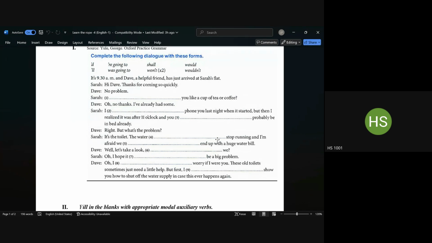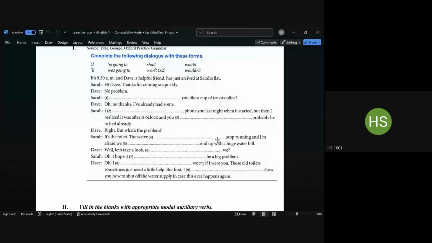I am afraid we are going to end up with a huge water bill. If it said "I was afraid," you would say I was afraid we were going to end up with a huge water bill. You understood that difference, right? We're using are here because it's "I am afraid," so the tense is already indicated with another verb.